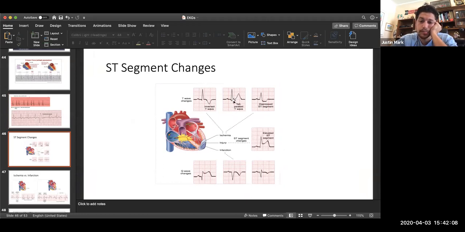We could also see peaked T waves. And also, very importantly, we see depressed ST segments. When we see infarction, if we're having a STEMI, an ST elevated myocardial infarction, we're going to see ST elevation here.